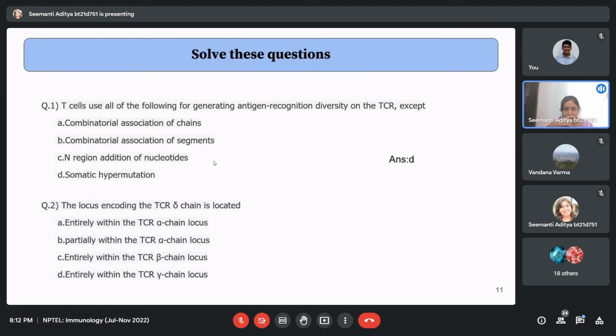So the second question: the locus encoding the TCR gamma chain is located in what locus? I was discussing this interesting thing.